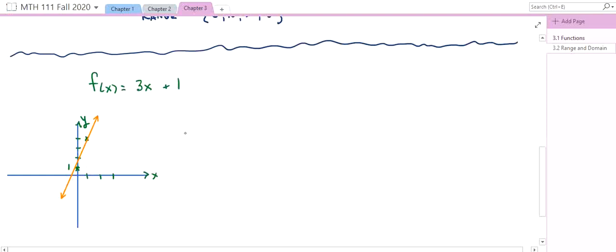And now I want to ask myself, what's the domain of my function? So what's the domain of this? So that means what x values satisfy this function.